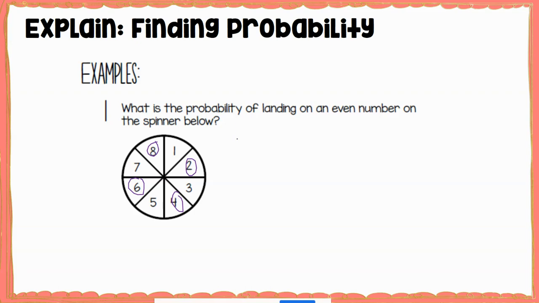So I'm going to write this as the probability of an even number is equal to, I have 4 sections that are even out of 8 total sections. Well, if I do 4 over 8 and I simplify that, then I have 1/2. 1/2 is the same as 50% or 0.5. Well, if I look at my number line, then if I have this, then the likelihood of it occurring is as likely as not.